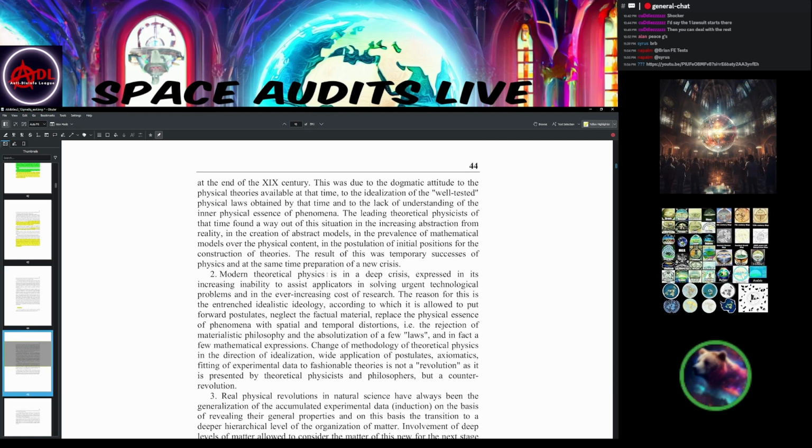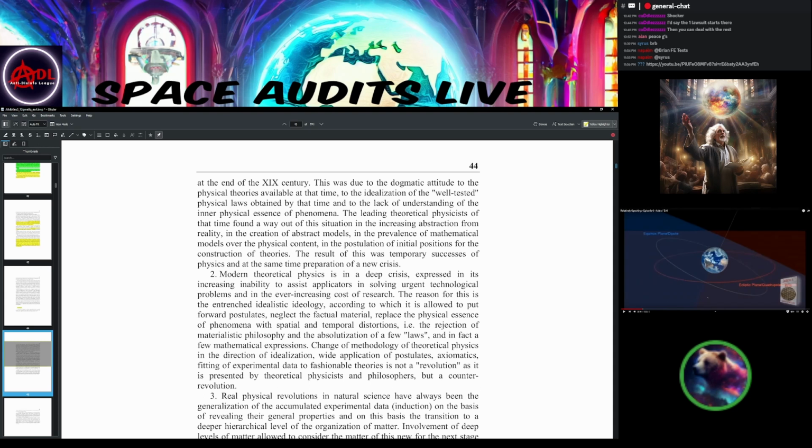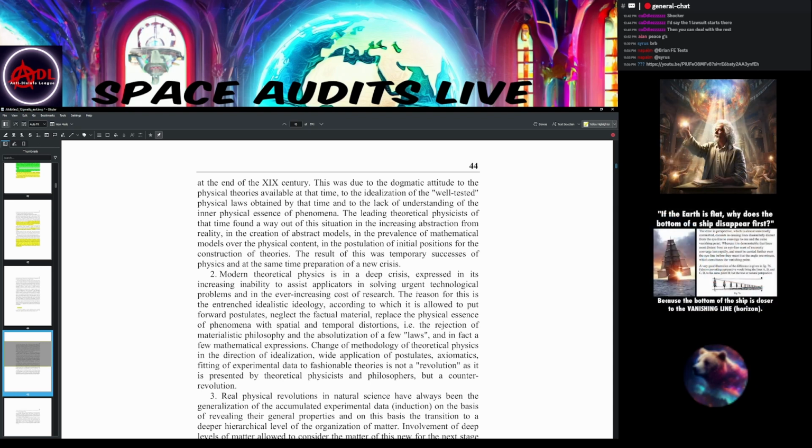Modern theoretical physics is in a deep crisis expressed in its increasing inability to assist applicators in solving urgent technological problems at the ever increasing cost of research.